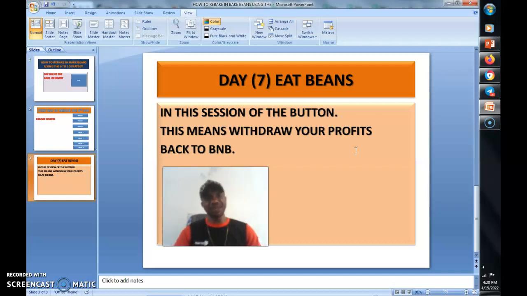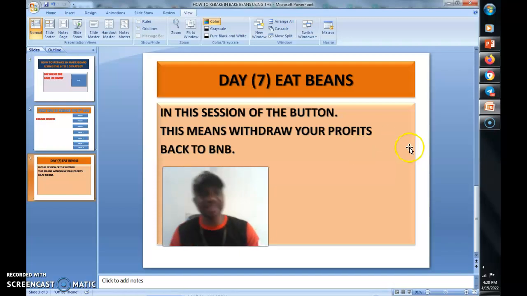Then you rebake the first, second, third, fourth, fifth, sixth. On the 7th, you eat beans. If you add the total sum of the days, it's making 8 days. This is the best strategy you can use in baking and rebaking of your beans and eating of your beans.